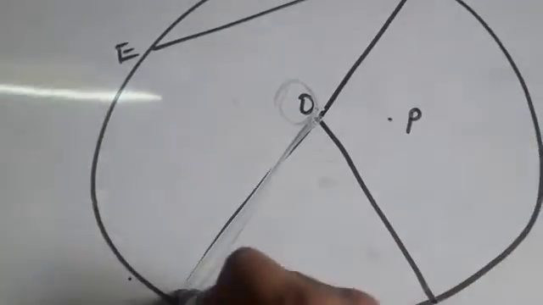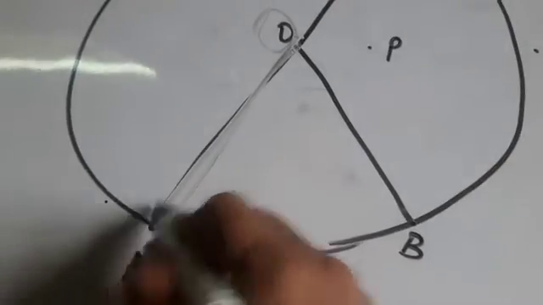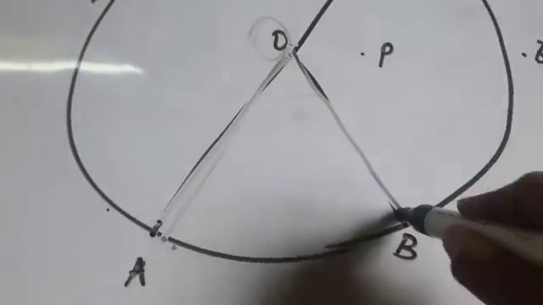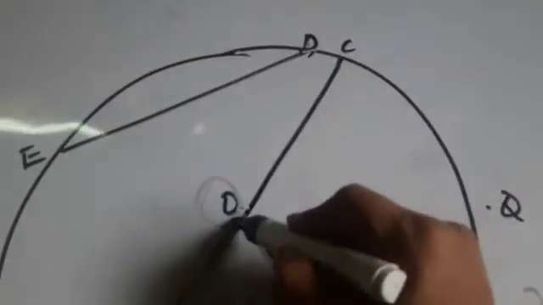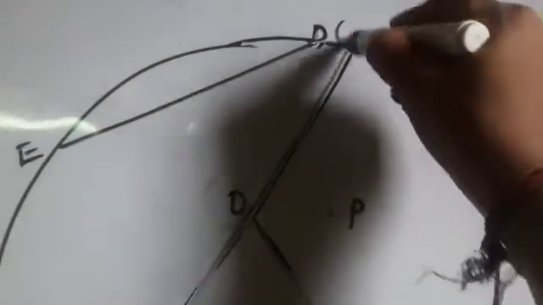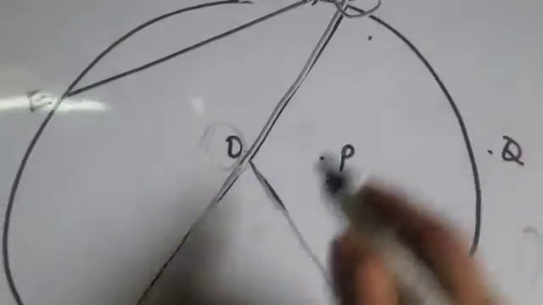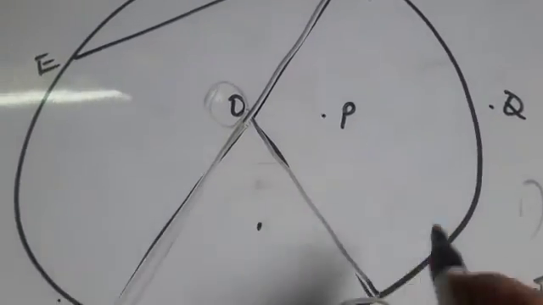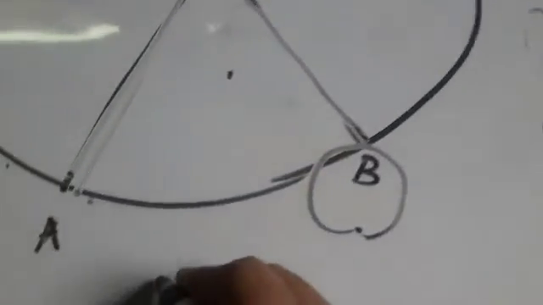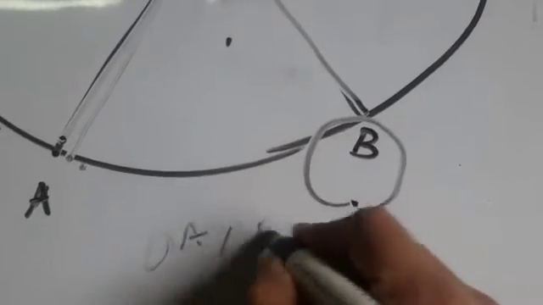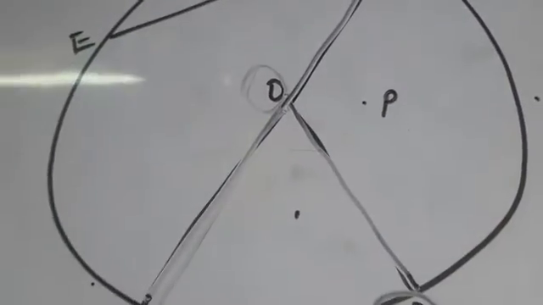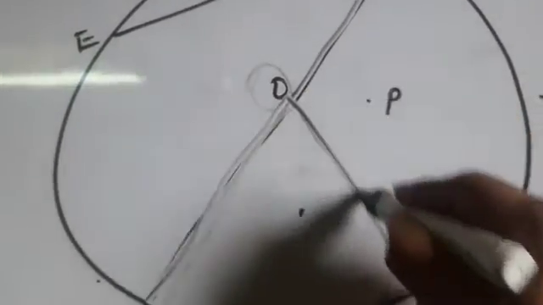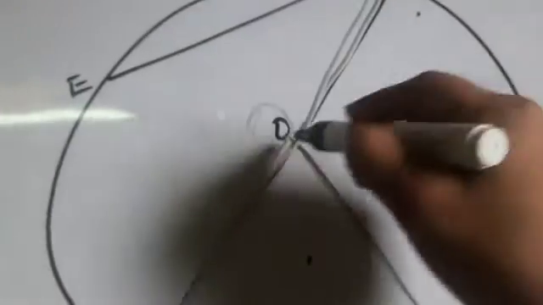From O, a line is drawn and it is marked as A. And from O, another line is drawn and it is marked as the point B. From O, one more line is drawn and that point is named as C. So, here the radii are OA, OB and OC. So, radius means a line that connects to the center of the point. And see here, these 3 are the radii.